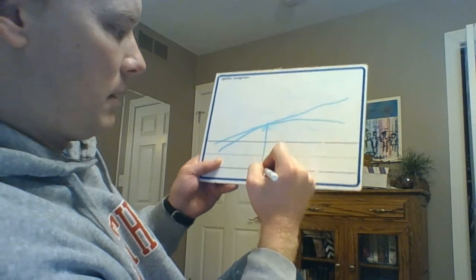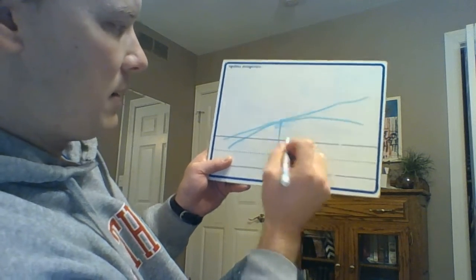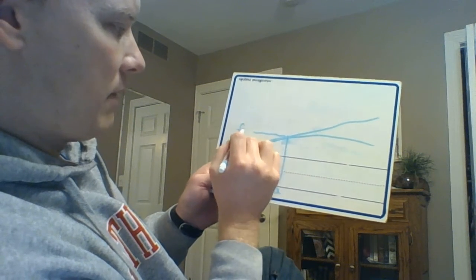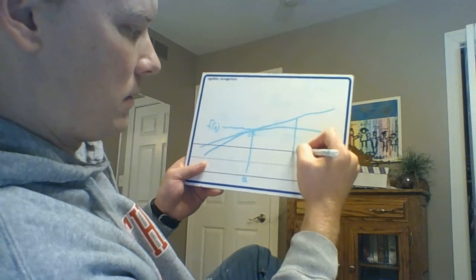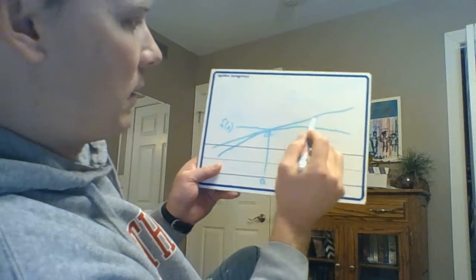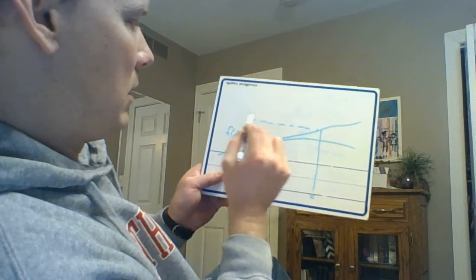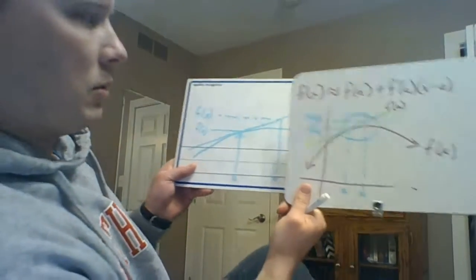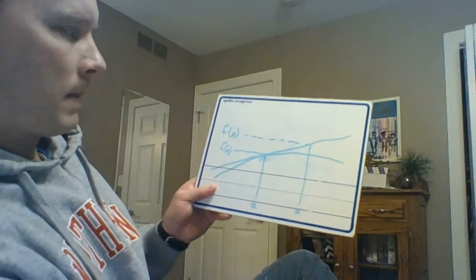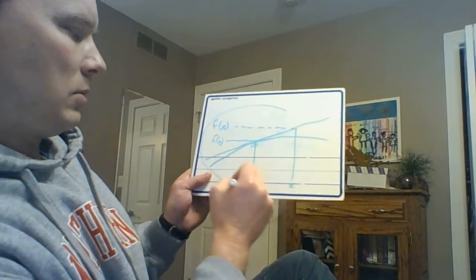This right here we said was a, and then this is f of a. And then over here was our x, and here was our f of x. Okay, so that's all the zoomed in part.